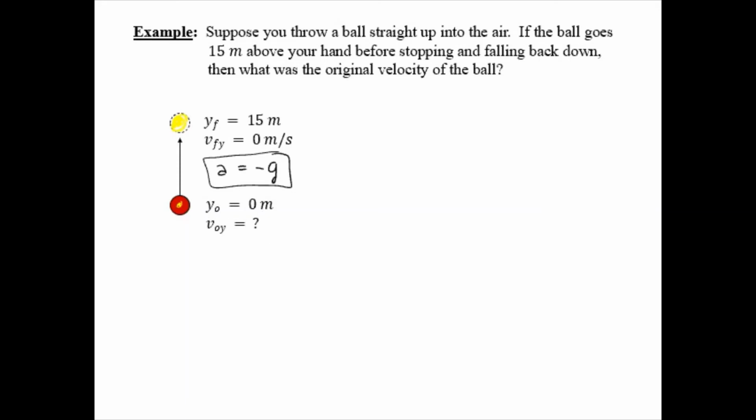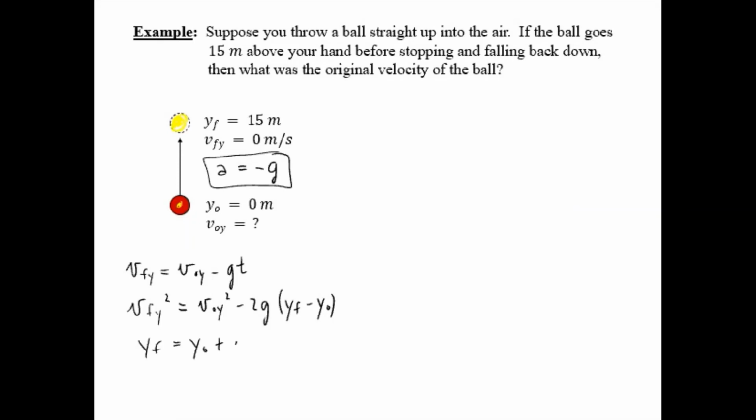And so as I search in my equations, if I write down my equations here, v final y equals v original y minus gt, v final y squared equals v original y squared minus 2g times y final minus y original. All right, I'm just jotting down these equations that we know for free fall. And then the last one, y final equals y original plus v0y t minus 1/2 gt squared.